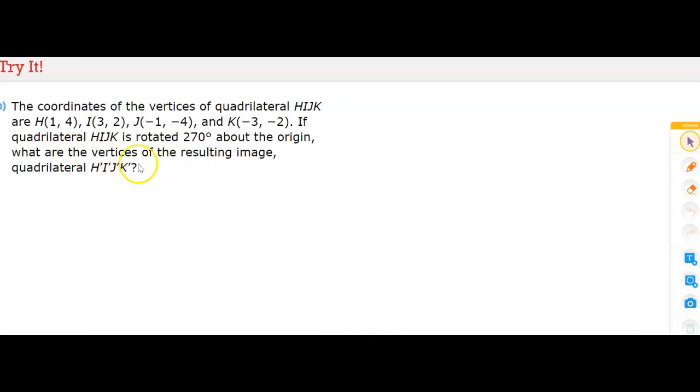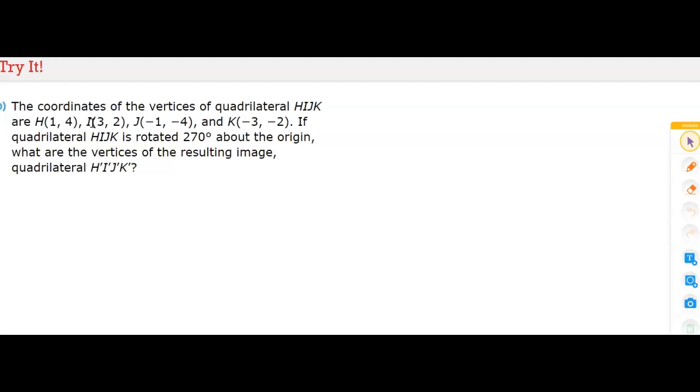Remember, the primes mean after you rotate it. So it's the same shape, but after the rotation. Now it's asking if we rotated this 270 degrees about the origin, what are the vertices of the resulting image?